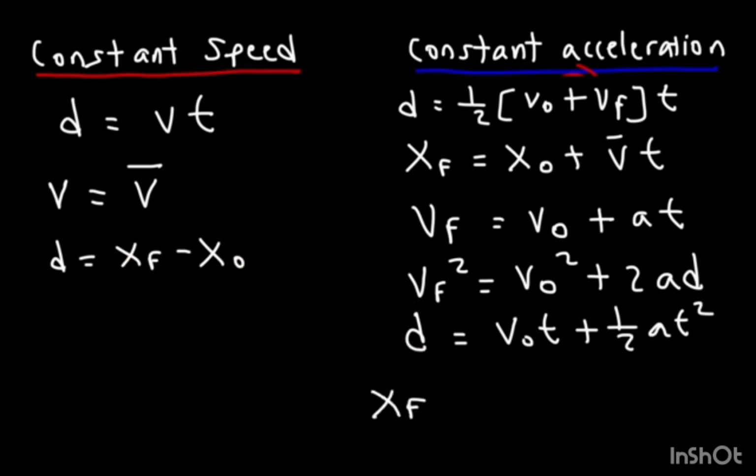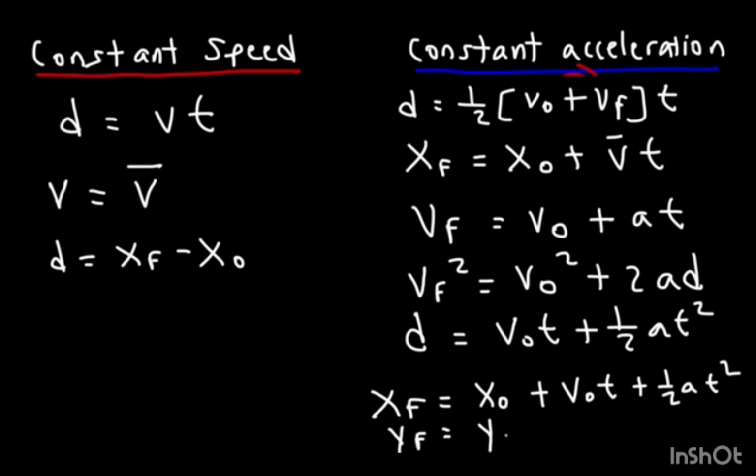Final position is equal to initial position plus V initial t plus 1/2 AT squared. Now because this is x, we're dealing with motion along the x-axis. But when you go into projectile motion, you can apply motion along the y-axis as well. So you might see this variation of this formula.